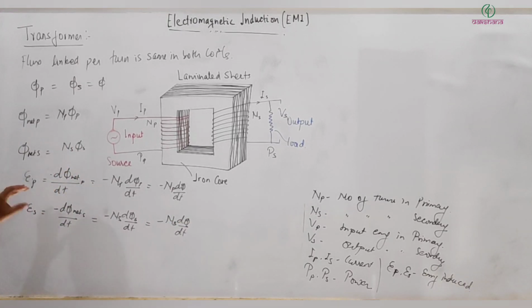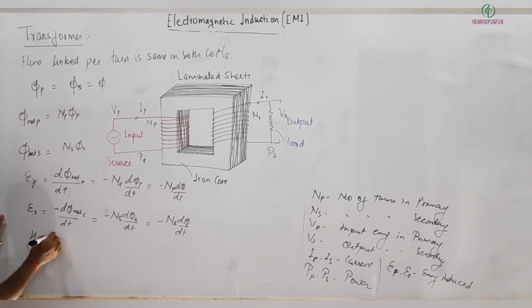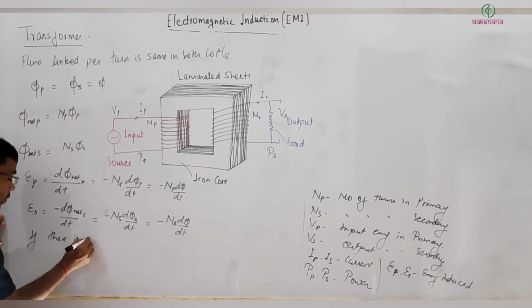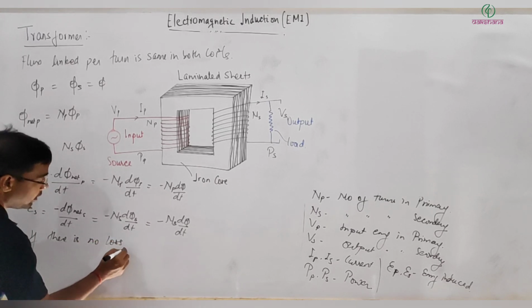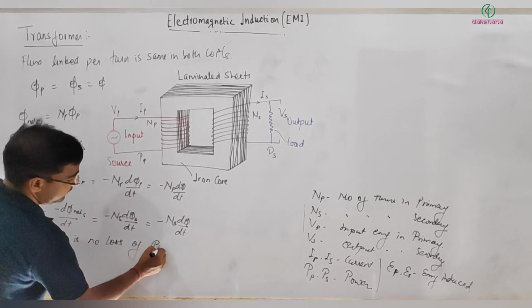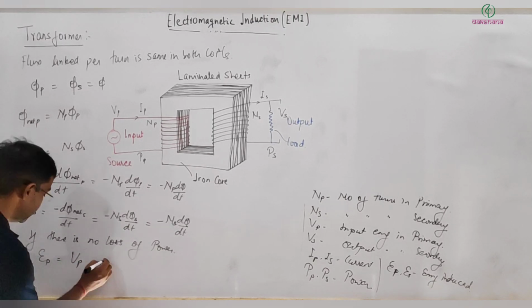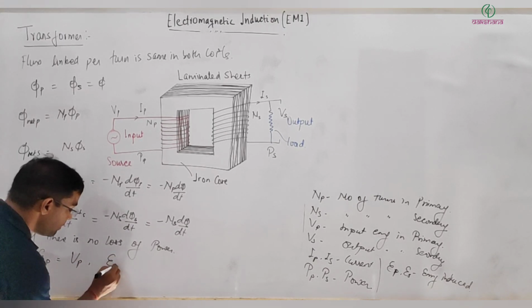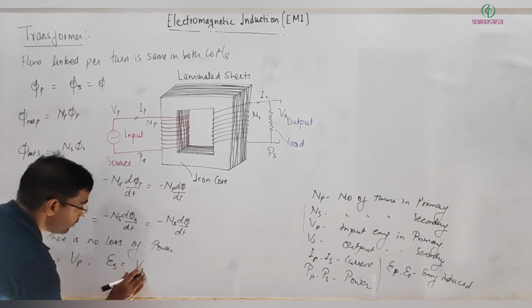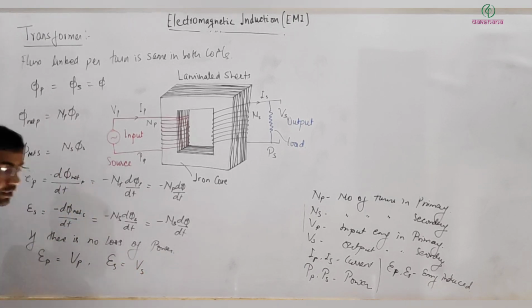So this is the induced EMF, and if there is no loss of power or anything, in that case this induced EMF in primary is also equal to the applied primary voltage, and similarly the induced EMF in secondary will be equal to the voltage in secondary.